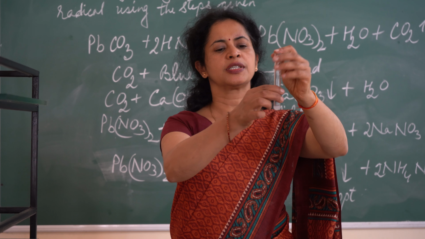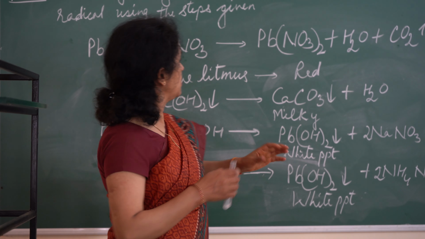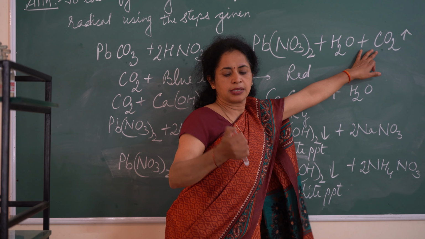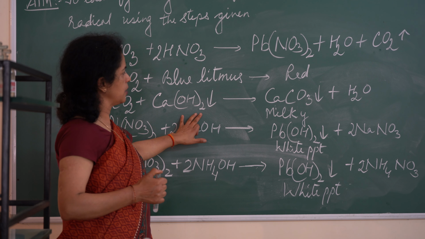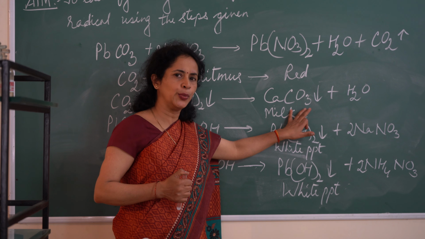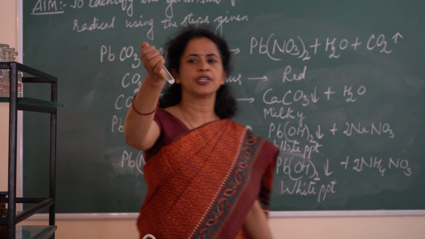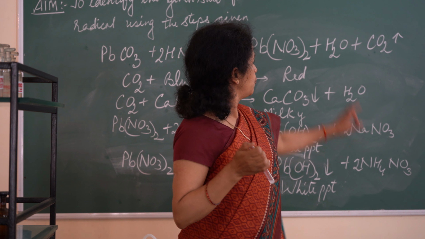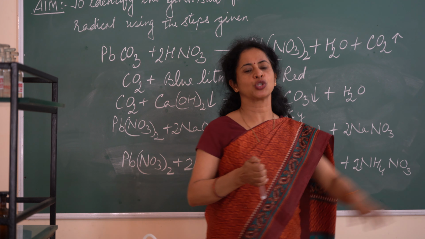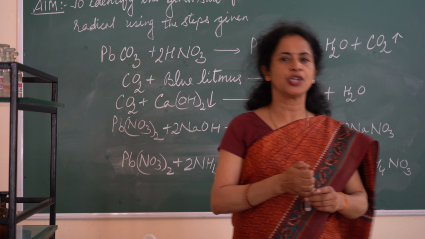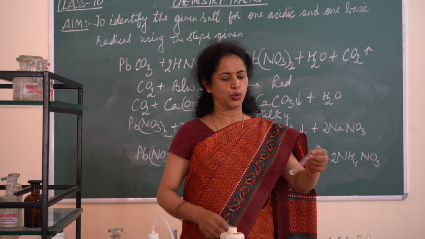If lime water turns milky on adding that gas, it means the gas liberated is carbon dioxide, because you know carbon dioxide reacts with lime water to form calcium carbonate, which is insoluble, and it settles down in the form of this milky solution. And formation of carbon dioxide here shows that the given salt contains carbonate ions. So acidic radical identified is carbonate.